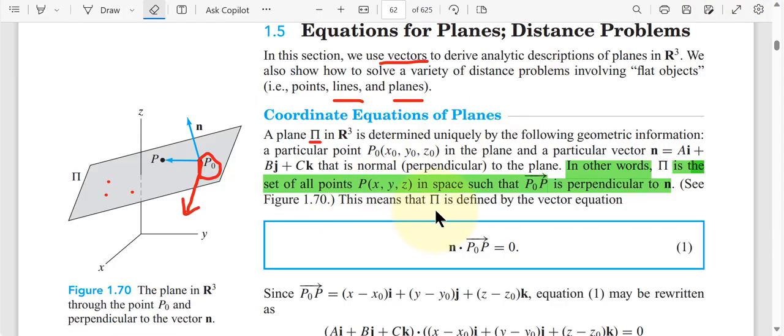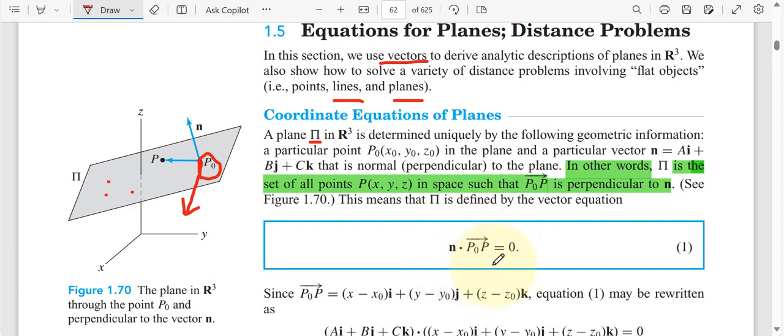This means that the plane pi is defined by the vector equation. So this is a vector equation: n dot this vector, where this thing is not specified. Any point that satisfies this will be in the plane.